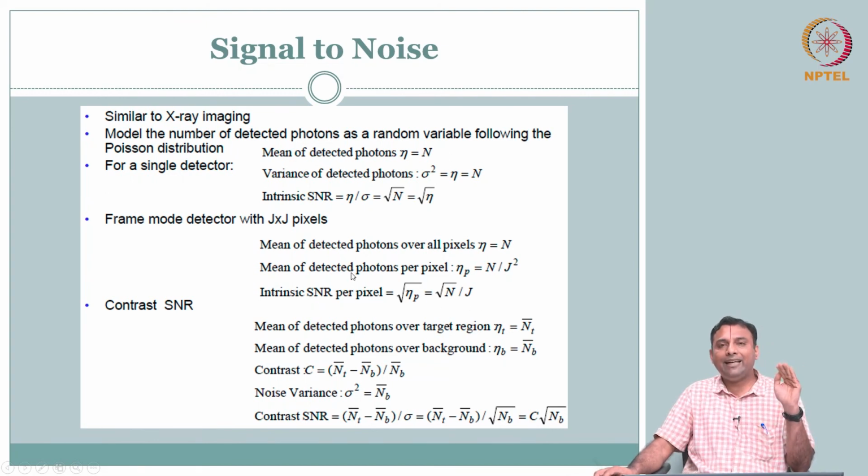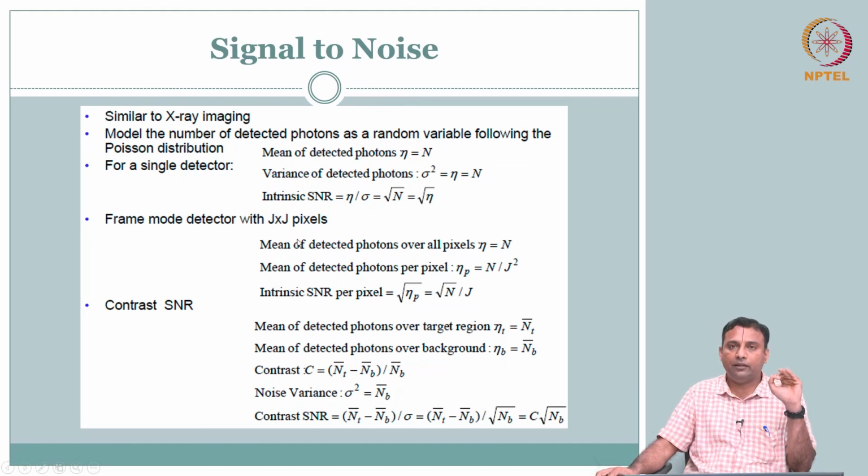So this is the slight contextual difference to your SNR per pixel in scintigraphy. But why is this important to highlight?